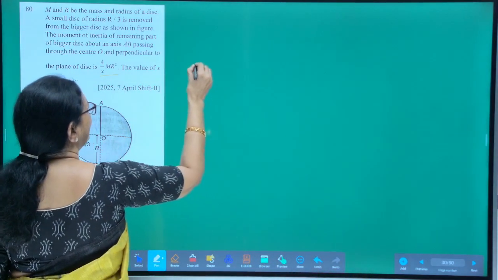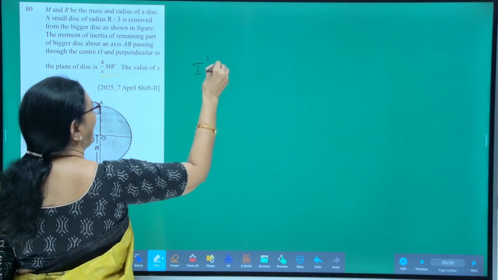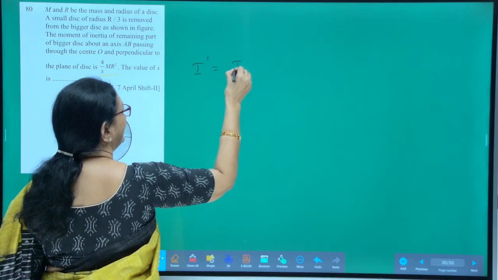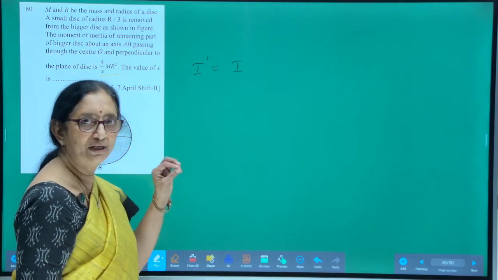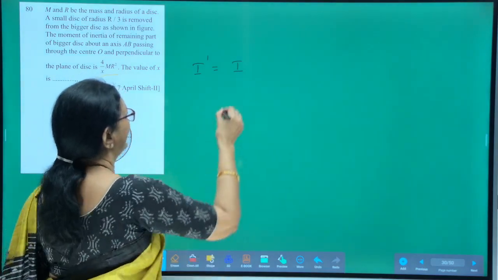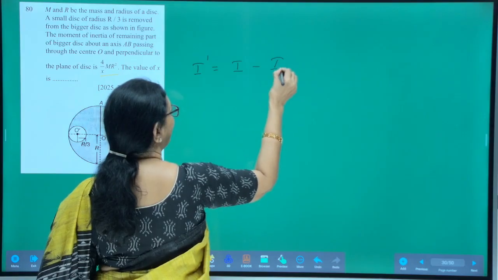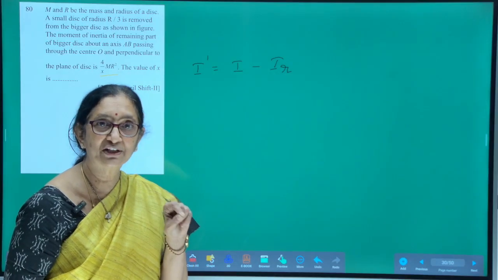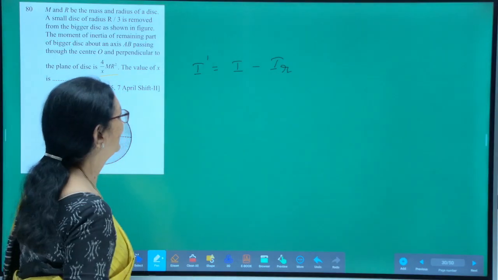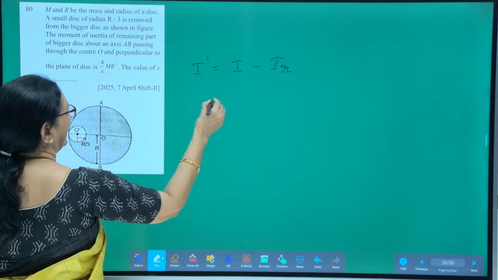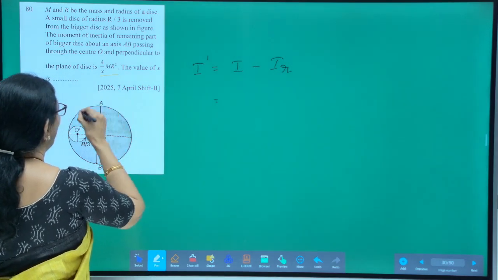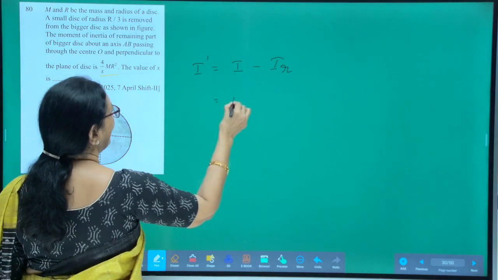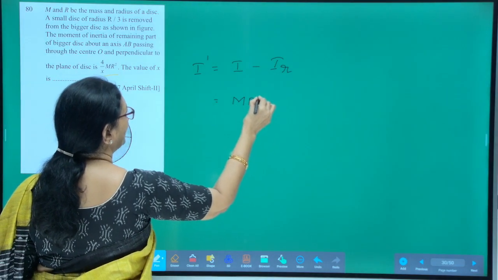So, moment of inertia of the remaining part is moment of inertia of the original object minus moment of inertia of the removed portion about the original axis considered. See here, first I is moment of inertia of the disc, that is mr square.